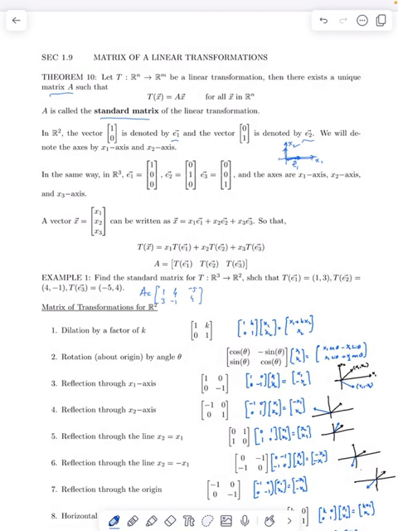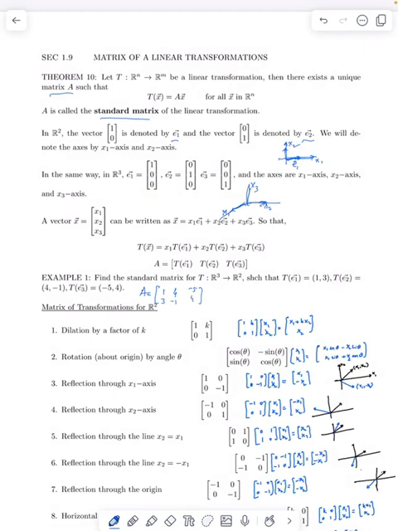So this is R3 with x1, x2, x3. Along the x1 axis, the unit vector E1 will be 1 0 0. Along the x2 axis we will have the E2 vector, which will be 0 1 0, and along the x3 axis we will have the E3 vector, which is 0 0 1.